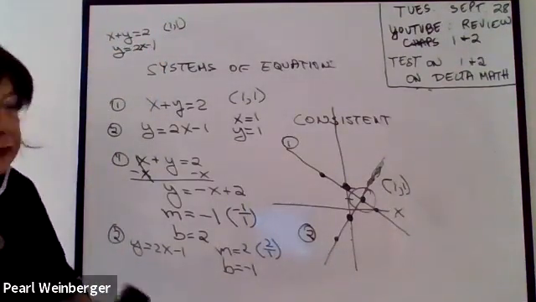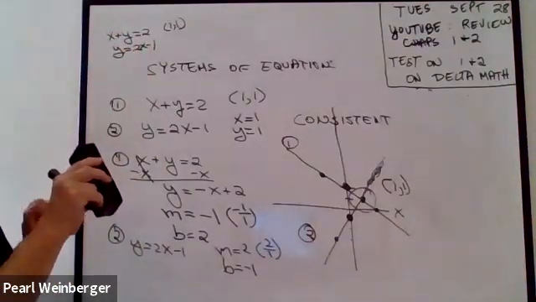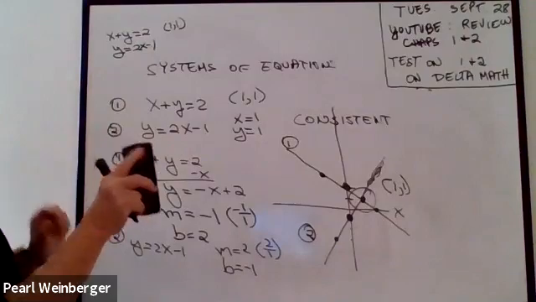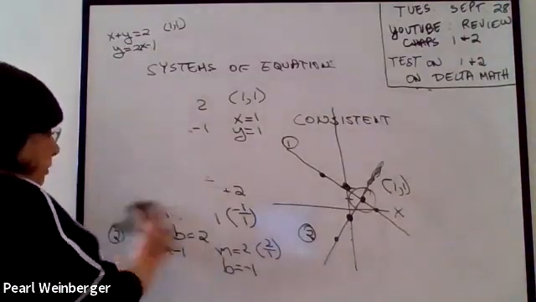Before I go into this other method that we could use, I want to show you other things that could possibly have happened when you have a system of equations.